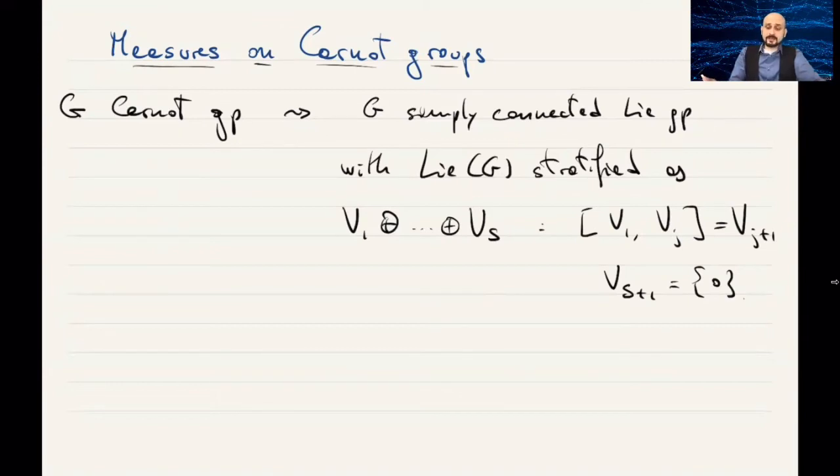From the fact that this is a Lie group, it's a general fact that it will admit measures that are left and right invariant. And because it's also a nilpotent Lie group, each left invariant measure is also right invariant.